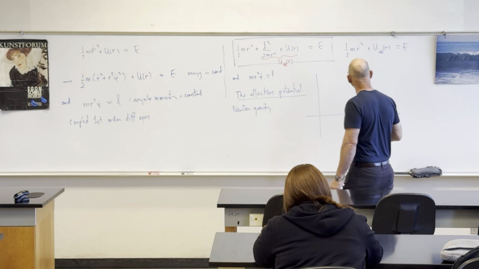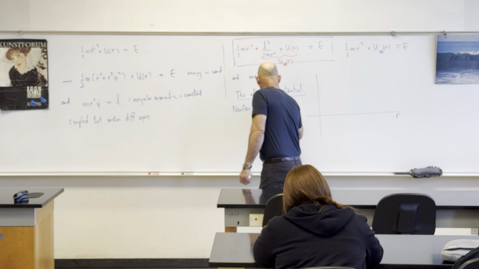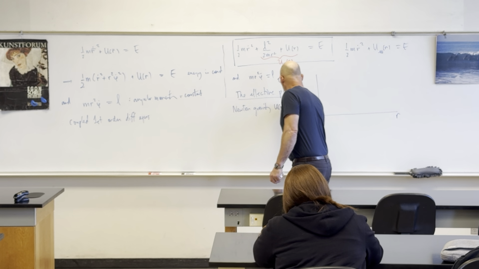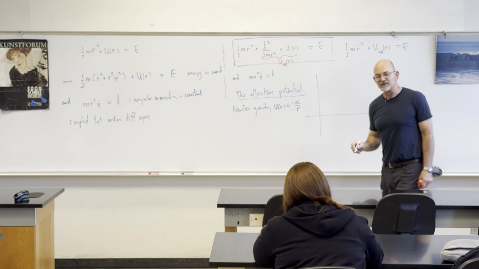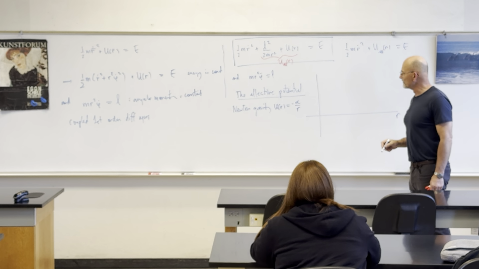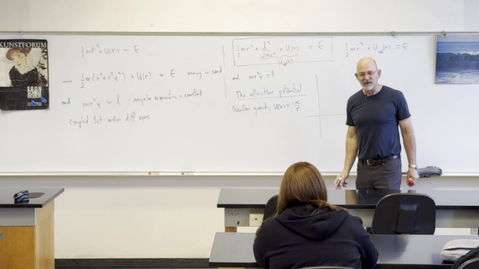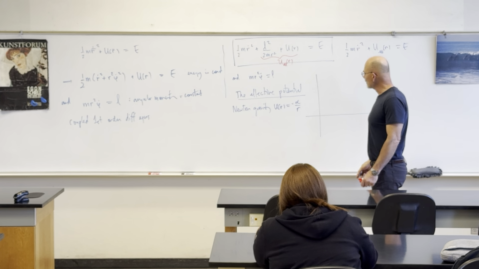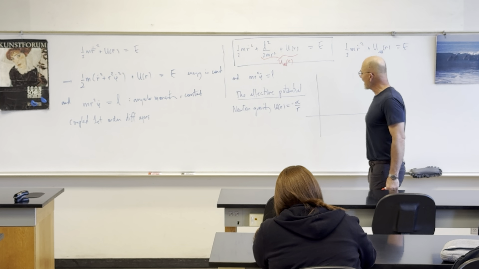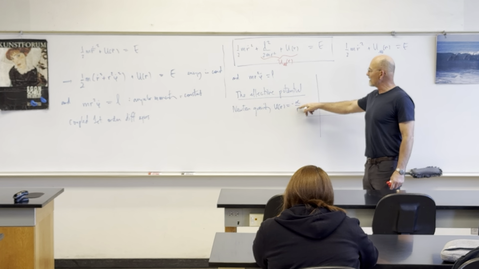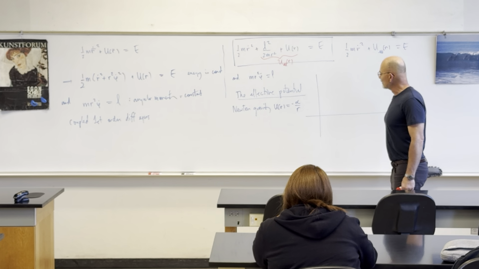In this case, we're just going to write U of R is minus alpha over R. Alpha is a positive quantity. We can always put in what its value is, but for simplicity, we just write minus alpha over R. That's for any attractive central force potential. And in fact, if we let alpha be positive or negative, we'd also have repulsive forces come out of that.